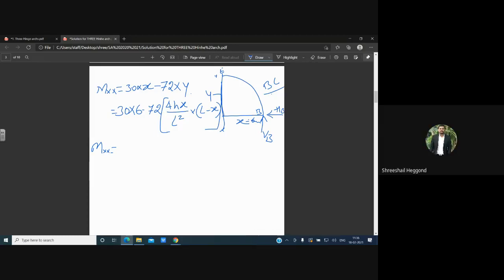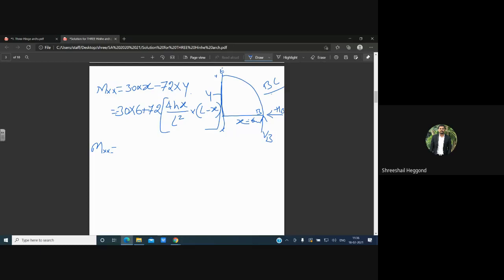Okay? And all members we need to write in the same direction. Clockwise, if you are considering it to be positive, the 72 becomes positive because we are writing the moment about the X point.